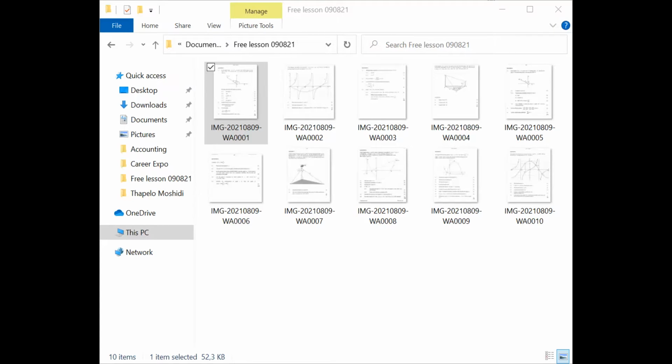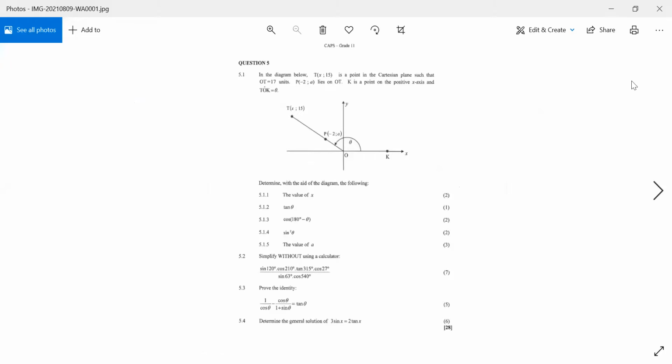It's showing the document files and the images, but no specific images showing. Okay, let's see. Can you see it now? Yes, I can see it. Okay. So all of you guys, you were not doing anything.